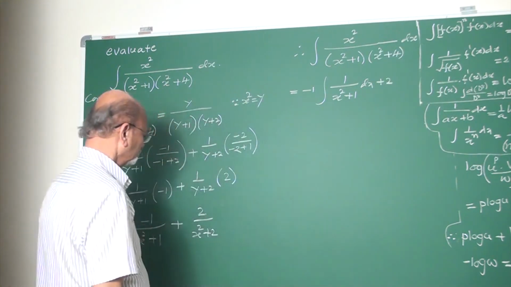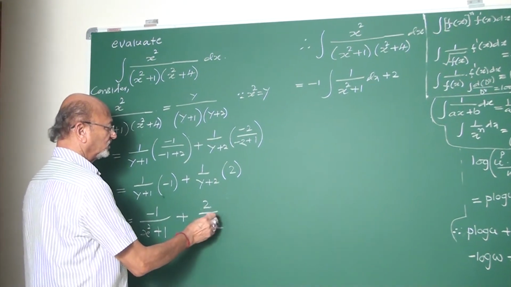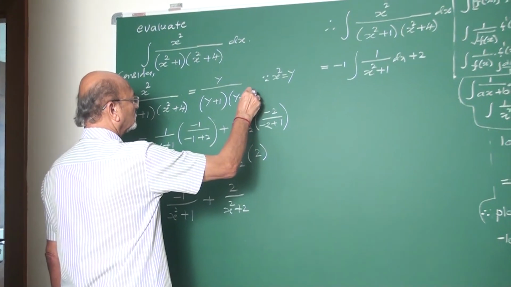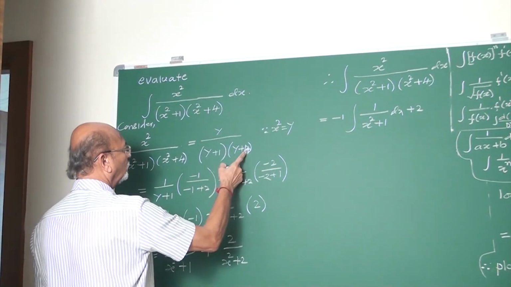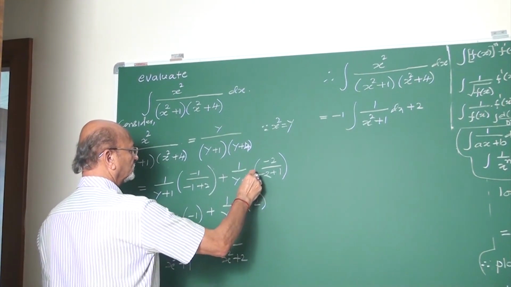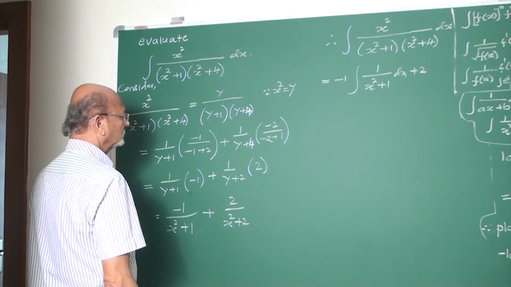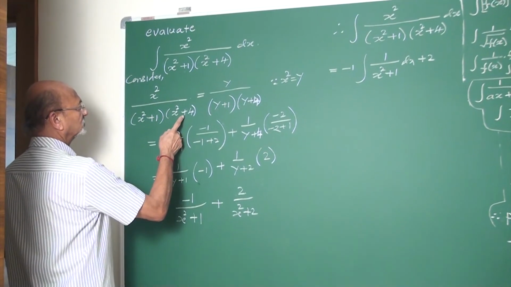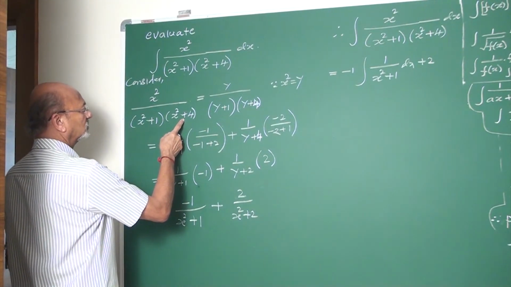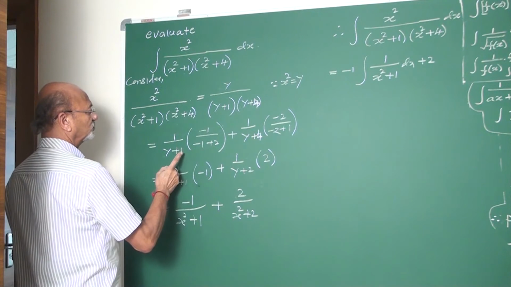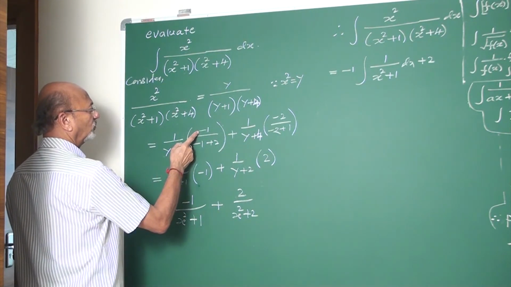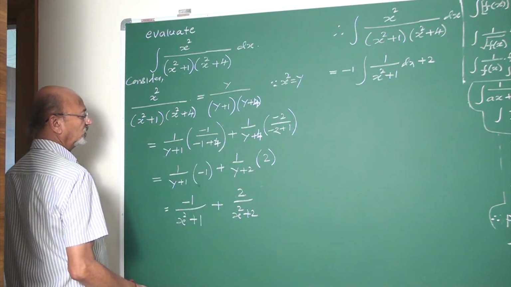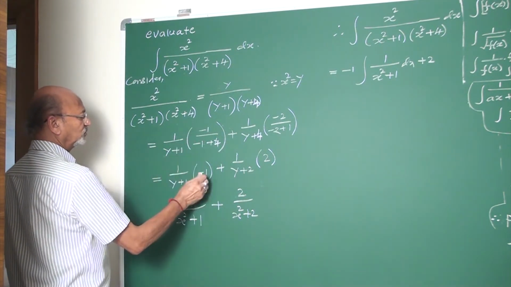This 2, my friends, this 2 is out. This is x square plus 4. This is 4. Then the changes are there. Plus 4. y is minus 1 upon minus 1 plus 4. Minus 1 plus 4 means it is minus 1 upon 3.